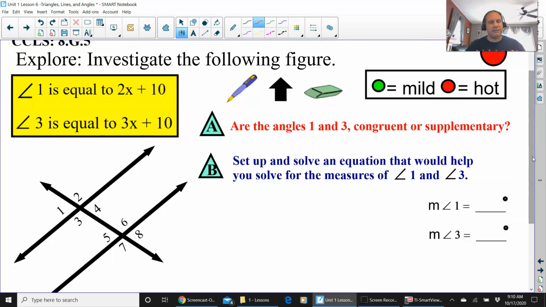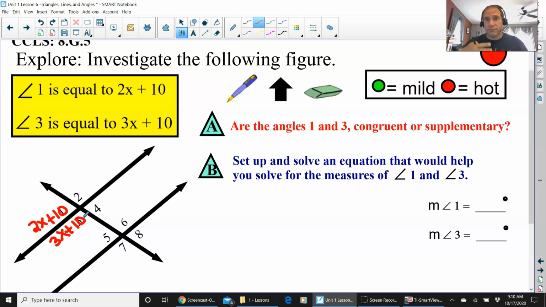All right, so we are into this question. Go ahead, and this is the first thing. Now, before we press pause and try this problem, it's giving you what angle 1 and angle 3 are. What I want you to do is write these expressions inside the figure. So we have 2x plus 10, and I'm going to write it down, 2x plus 10, inside the figure. And then angle 3 is 3x plus 10. So I have both of those angles down, and now I can make a decision.